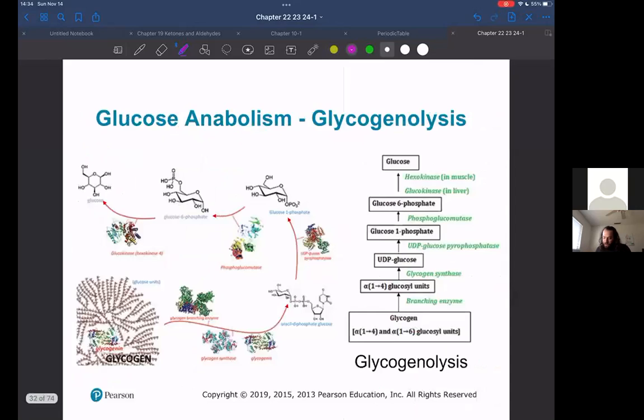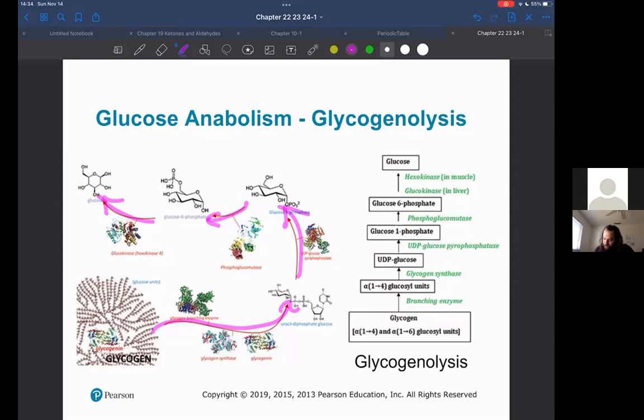All right, so then glycogenolysis is going the exact opposite direction. So now we're going from glycogen all the way back to glucose. To be perfectly honest, I just lazily recycled this same figure. The individual steps are not the same in terms of they're not catalyzed by the same enzymes.